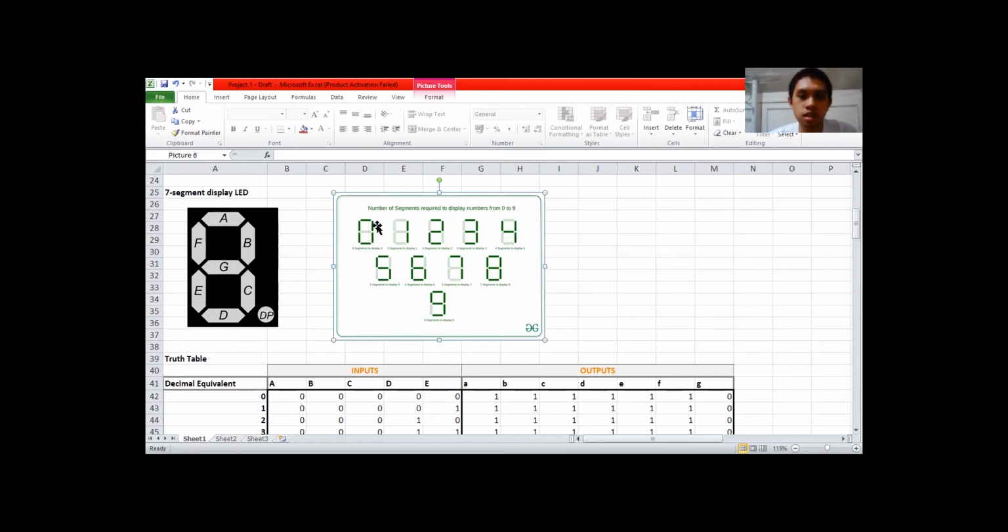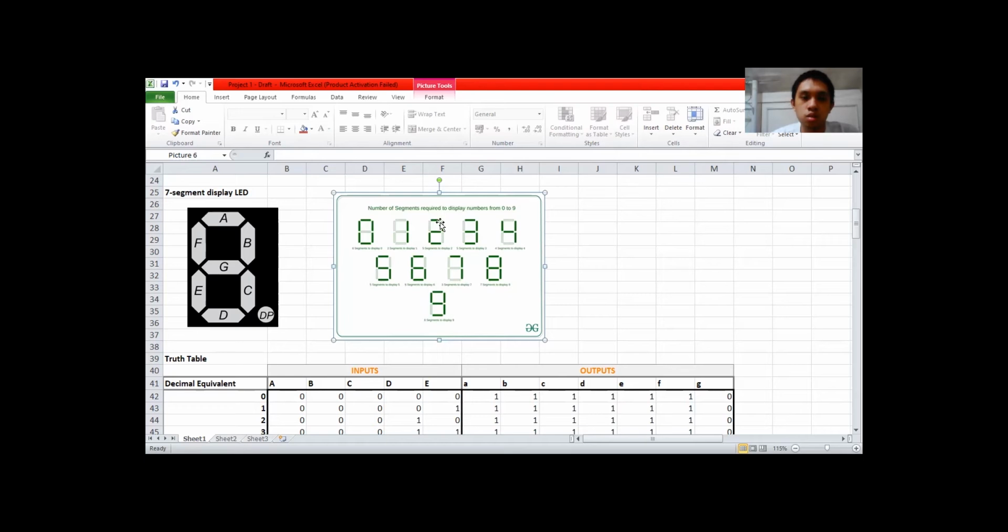So for instance, if the output is 0, the only segments that have a high signal are A, B, C, D, E, and F, while G has a low signal in which it will not light up in order for the output to display 0. For 1, the only segments that have a high signal are B and C in order to form an output of 1.